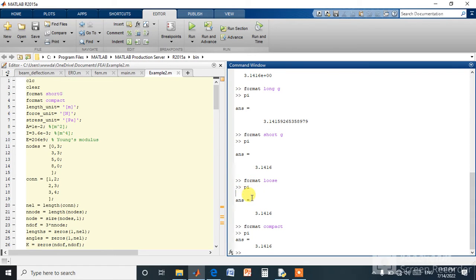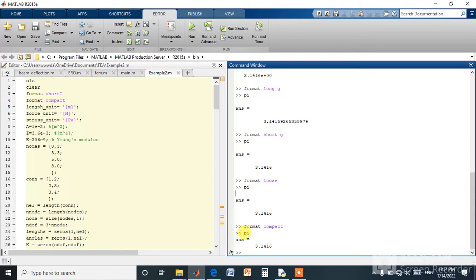So in loose form, there's always space that's trying to give you a more readable answer. For those that are not too good with numbers, with this space, it can help you understand and see your answer very well. It's readable.